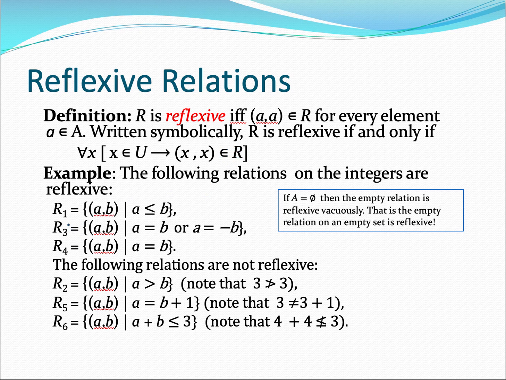So R1, R3, R4 are examples of relations which have the reflexive property.